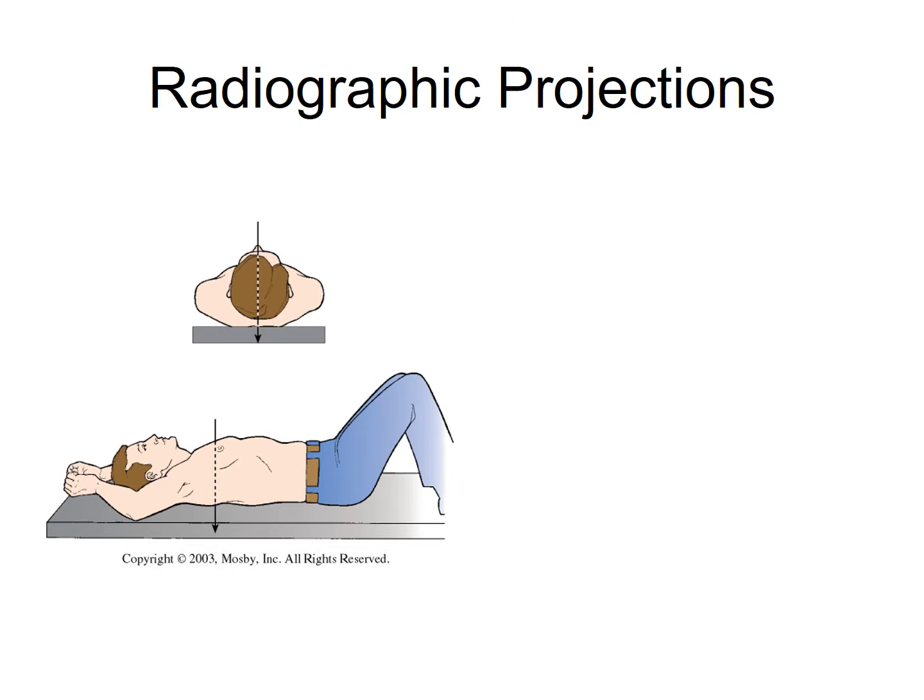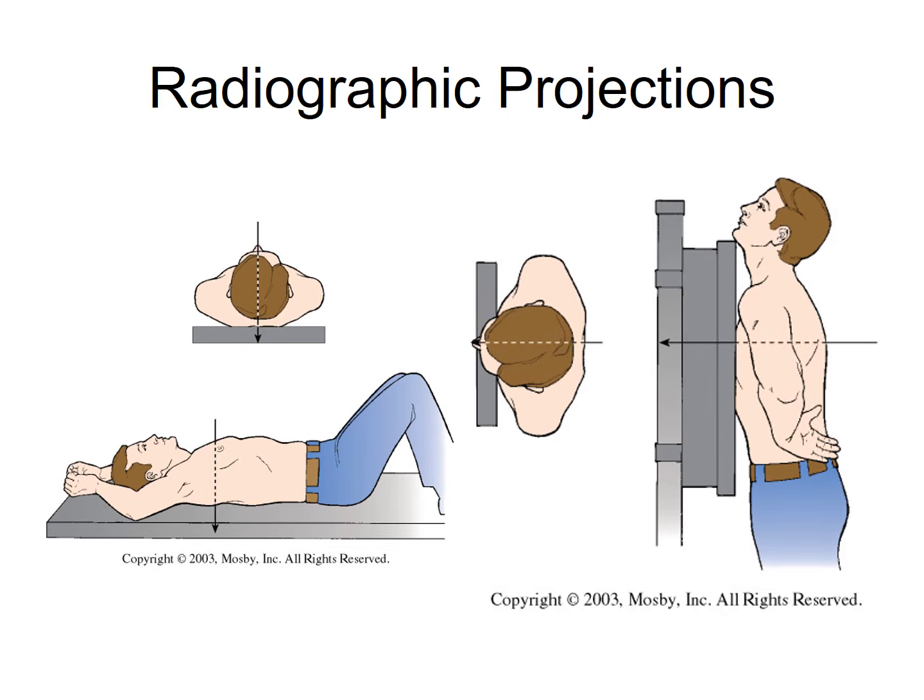Radiographic projections. When we look at these pictures here, let's take a look first of all at the pictures on the left-hand side of your screen. When we say projection, we are talking about where the beam enters the body and where it exits the body. Now, the front of the patient is called the anterior side.